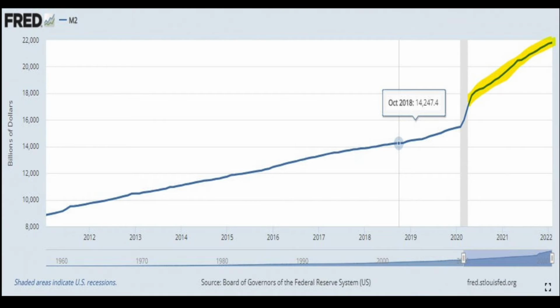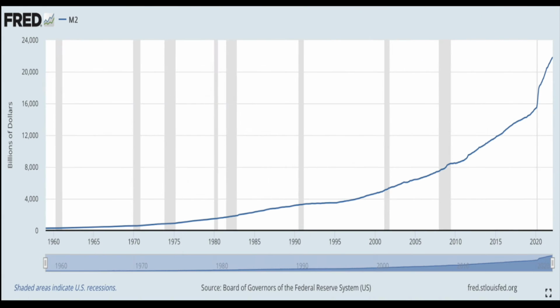And when we increase the supply of money available, we devalue the purchasing power of that money. And hence, that's how we end up with inflation. So to illustrate, we would need more dollars to purchase the same amount of goods that we could have purchased a year ago. That's inflation at work.